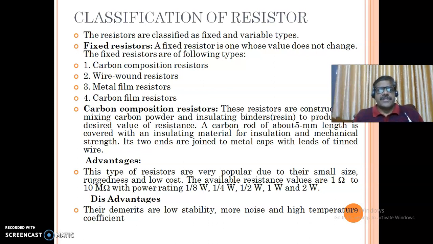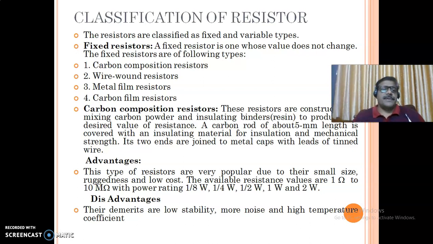The definition of a fixed resistor is: a fixed resistor is one whose value does not change. We cannot alter the value of resistance. Such a type of resistor is called a fixed resistor.